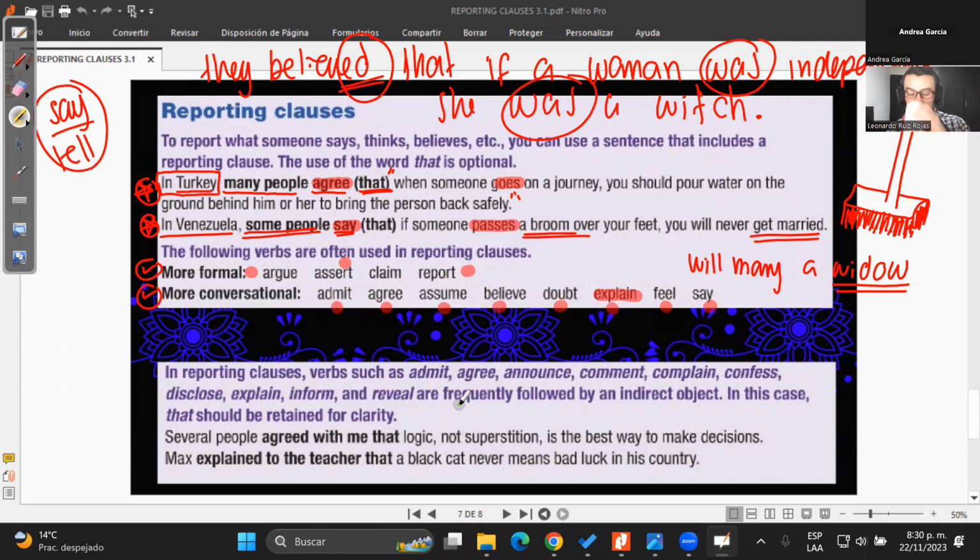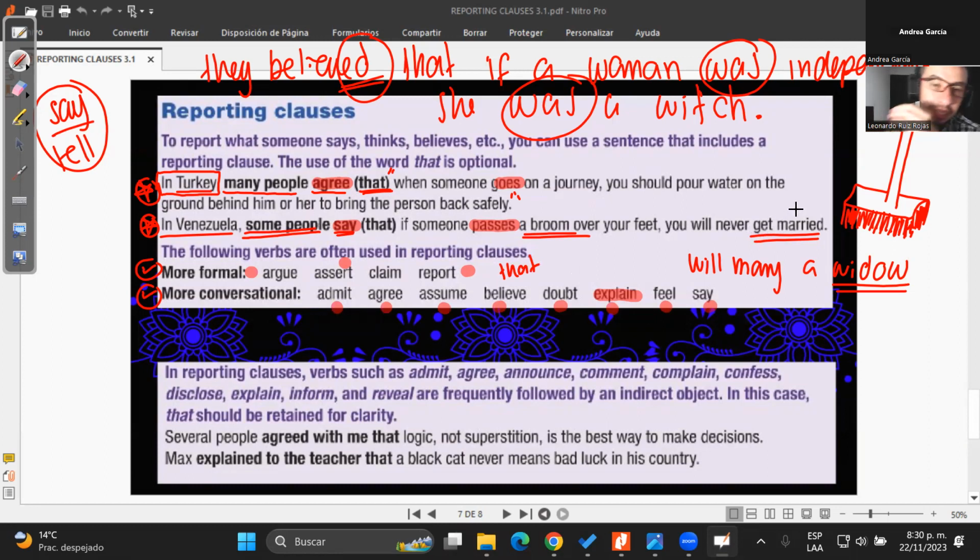Vocabulary questions? No, teacher, it's clear. Ready, my dear. So normally those are going to be followed by that. Report that, say that, explain that. Normally that's the thing, right?